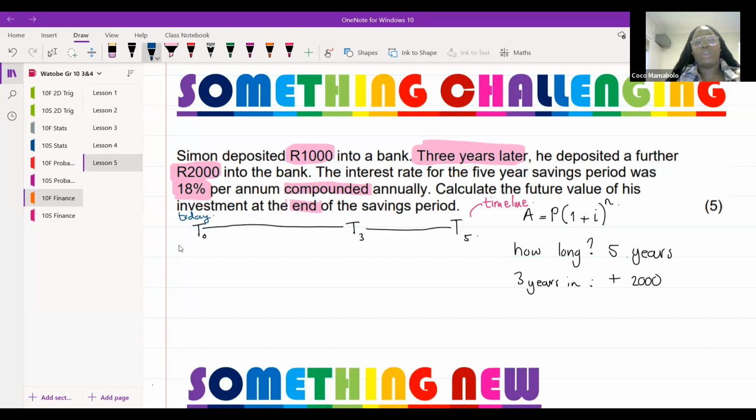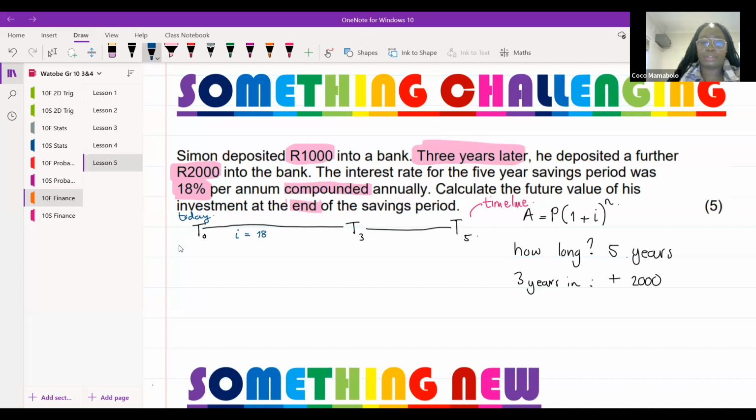So we know between the day that he puts that 1,000 Rand in until the 3rd year, what is the interest rate that he gets? What is I going to be equal to, guys? 18%. Correct.